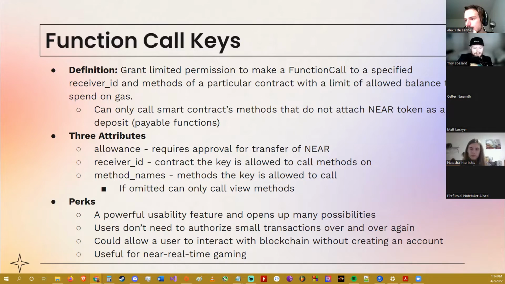So if you can interact with blockchain-based applications without even having to create an account, that potentially provides a lot of utility for people in certain contexts. And this also provides the ability to more easily implement something like near real-time blockchain gaming.